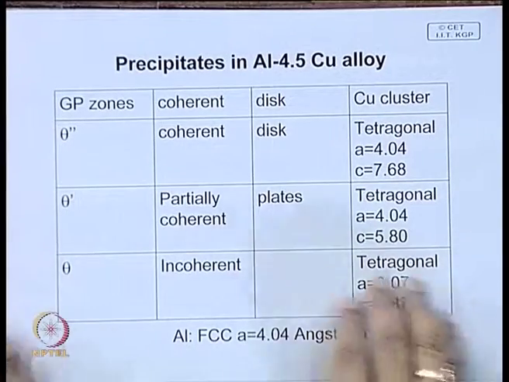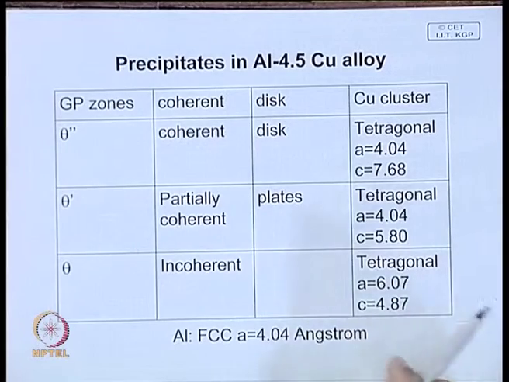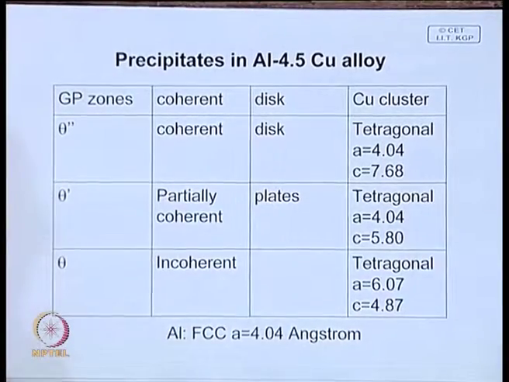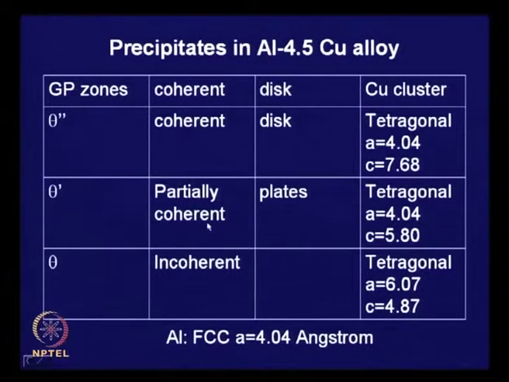Now, if you look at this table which gives the lattice parameter of the different phases we talked about, and maybe you can look at the computer, here it will be clear, which are listed. GP zones: the type of precipitate is coherent and its shape is that of a disc, and it is just a copper cluster.